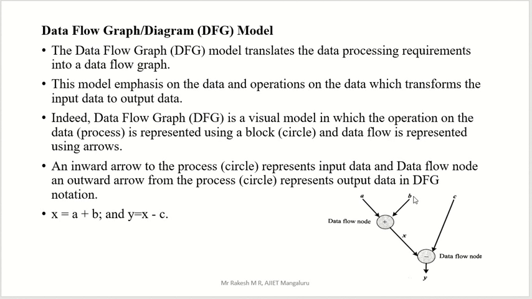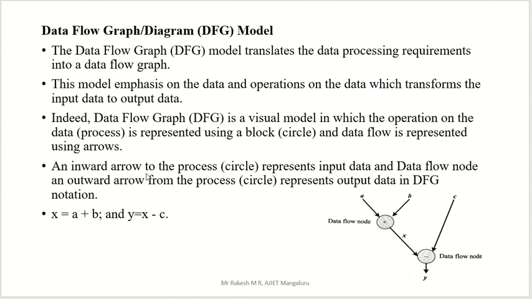Which is the data flow? Here we have data A, B. We apply that data here, that means we perform some operation on that data, and after the operation we get some output data, which is also represented with an arrow mark. What is the meaning of that arrow mark?